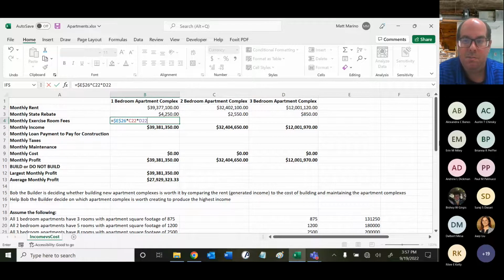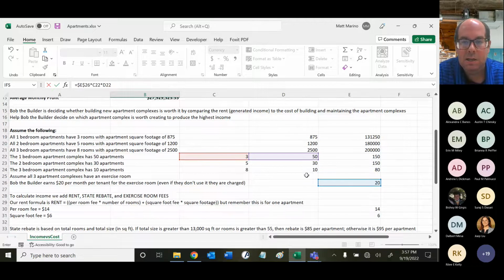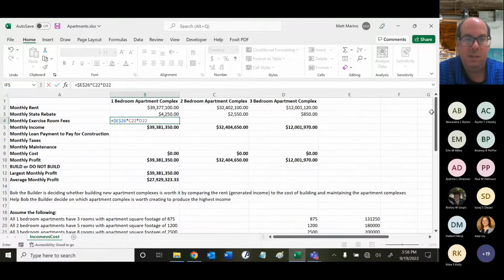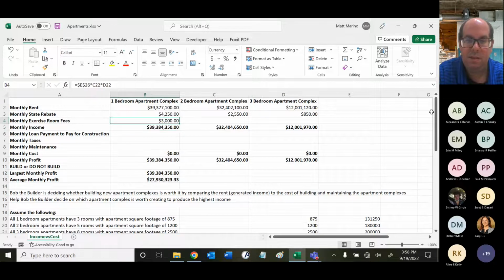So you would only multiply it by the D22, the 50 apartments. I'm assuming each person has a room in those apartments and is going to be using the exercise room. Again, that's absolute of E26 times C22 times D22.